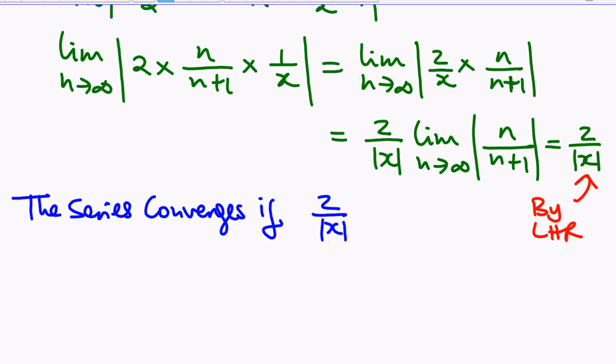So we end up with that. So this series converges if 2 over absolute value of x is less than 1.